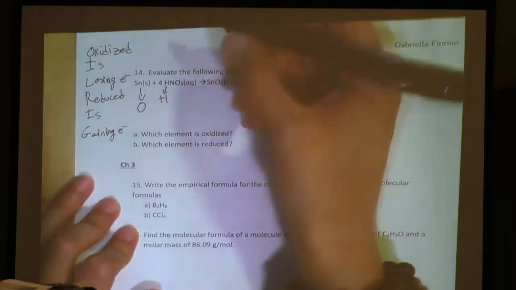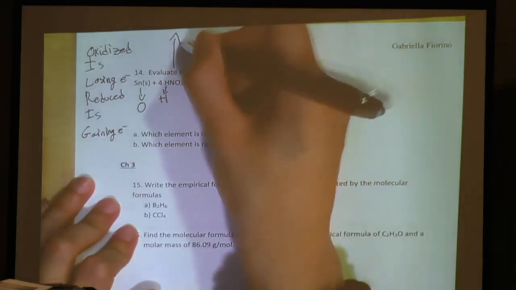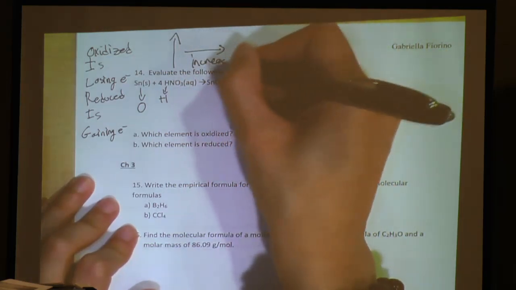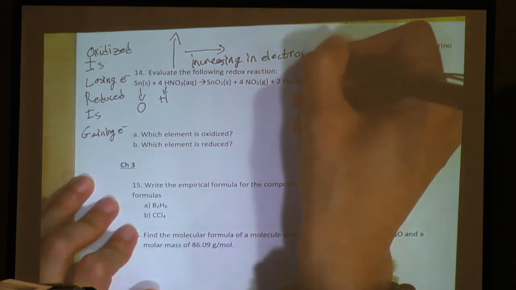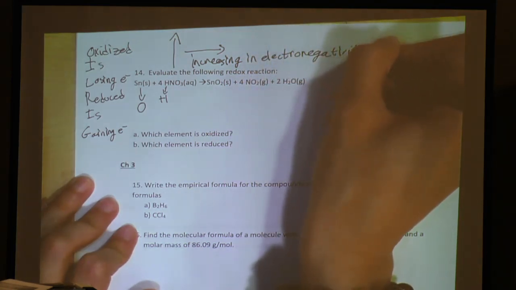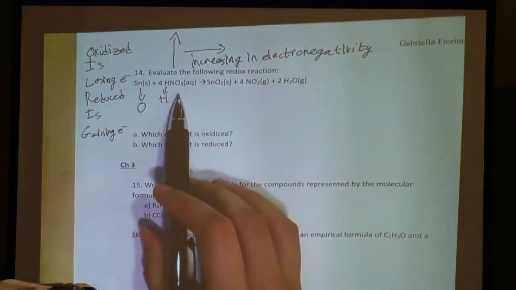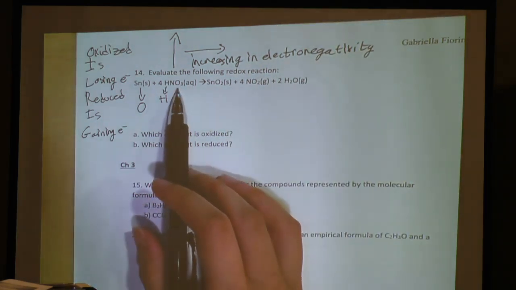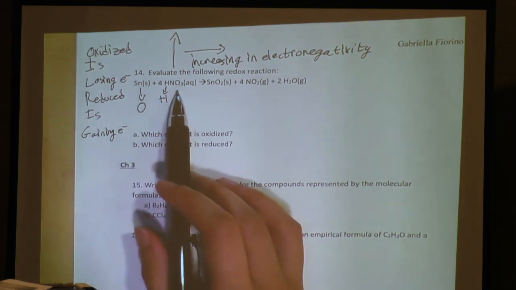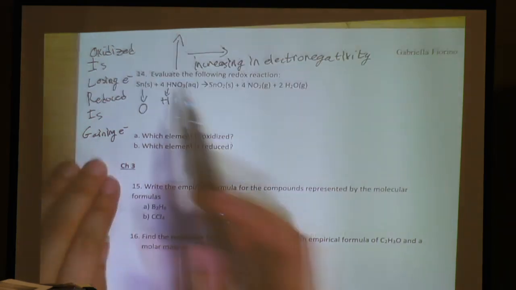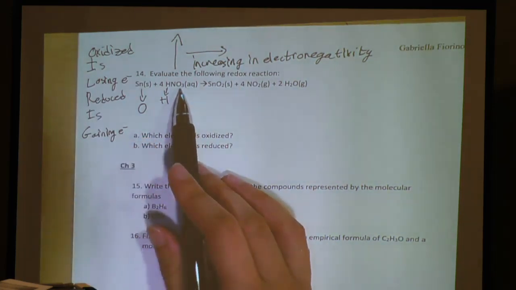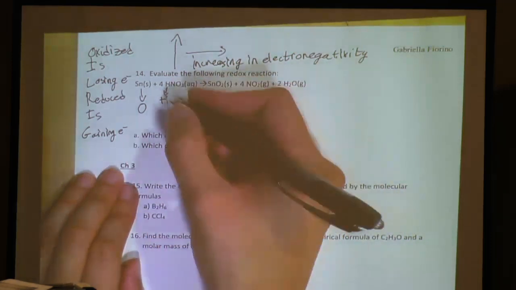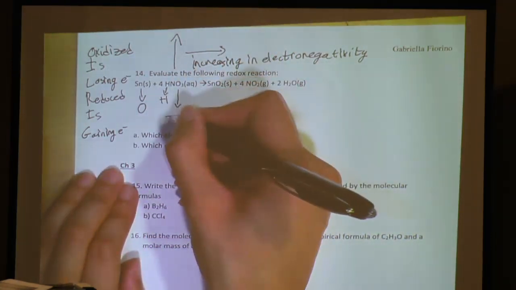Oxygen, perfect, because the trend on the periodic table is that going up and to the right, electronegativity increases. So oxygen's oxidation state is basically what we see on the periodic table, a -2 predicted charge.